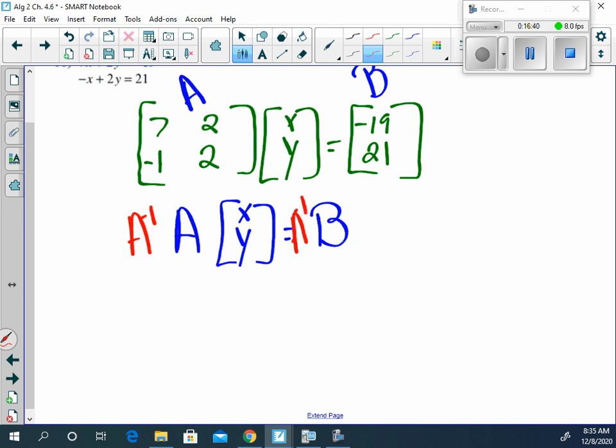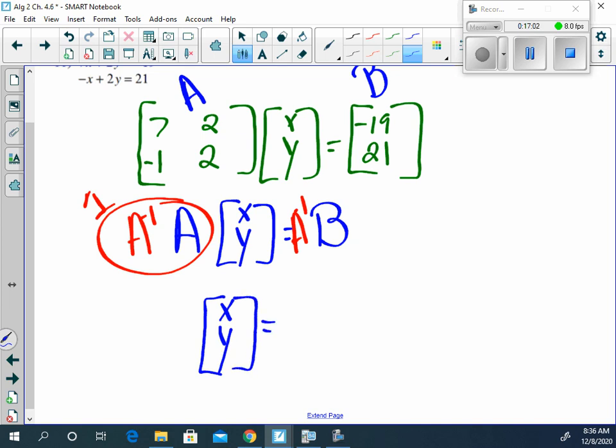We're going to multiply both sides from the left by A inverse, because A inverse times matrix A is the matrix version of 1. When we multiply those together, we get the identity matrix, which leaves us with xy. Now on the other side, we're just taking A inverse times B, yes?